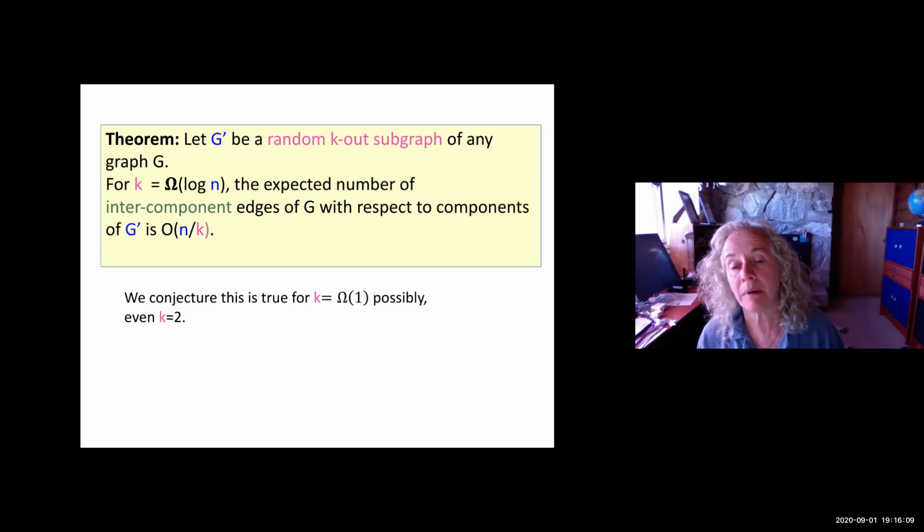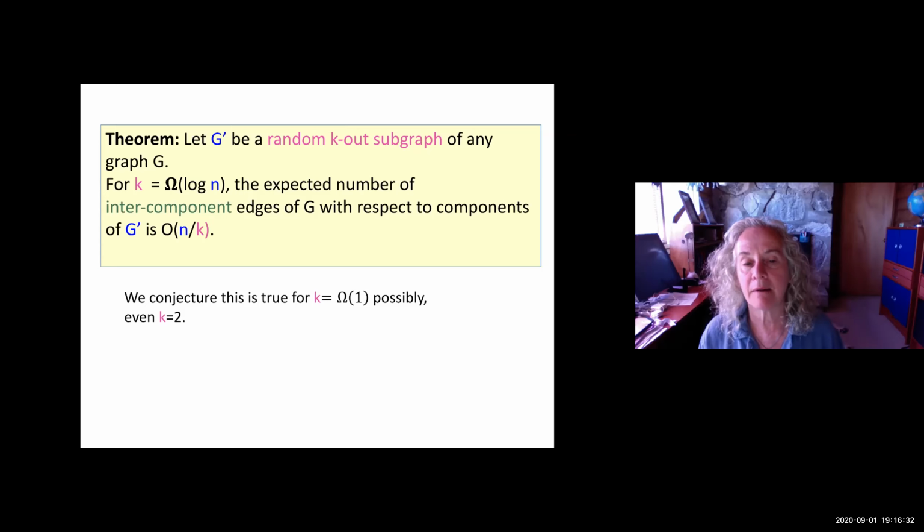But between those components, there may be edges of the original graph, and we call those edges, which go between components of G prime, intercomponent edges. And we ask, how many intercomponent edges are there? What's the expected number of intercomponent edges? Okay, so that we find is O of n divided by k.